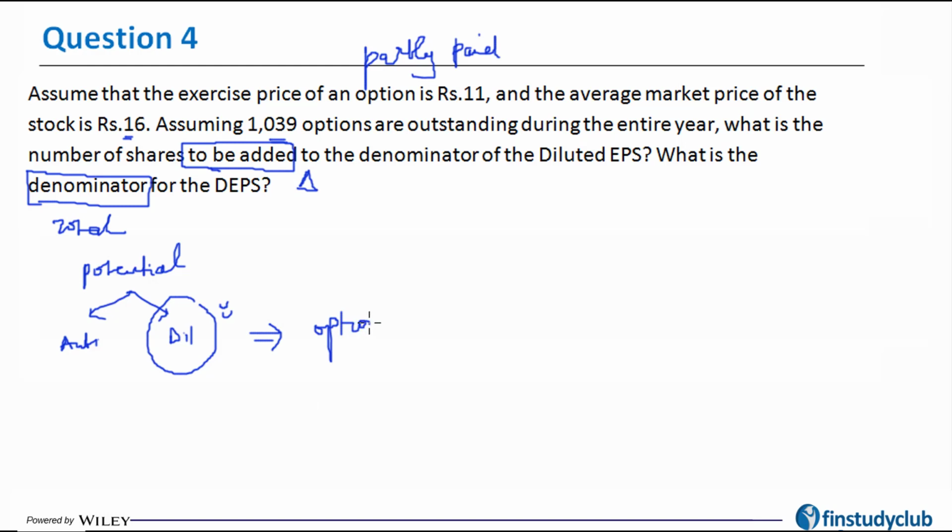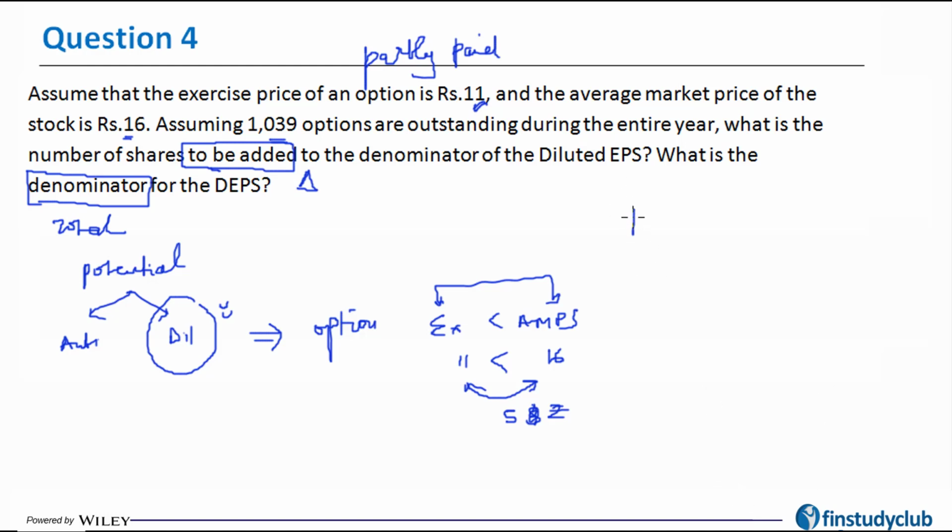What we also know is that options are always dilutive if their exercise price is less than the average market price per share. But the challenge here is that out of 16, you are not giving them this option fully free. You are charging them something. So the dilution is only to the extent of 5 rupees of discount that you are giving the employee as a gift.